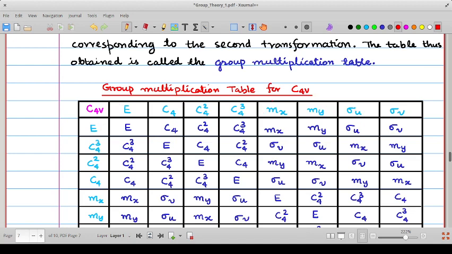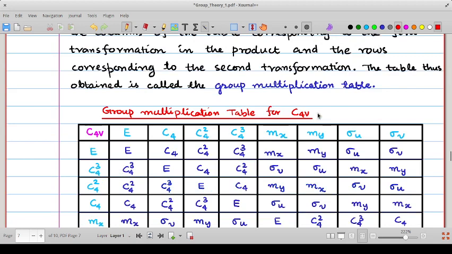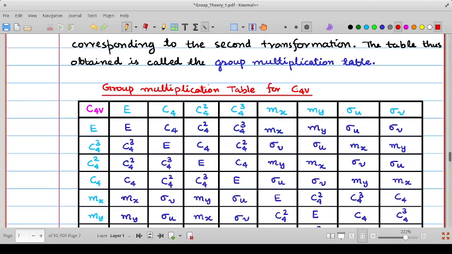So in this particular case, the symmetry transformations of the square form a group called C4v, and that is the label for this group. So that is put here, and the column headers correspond to the elements of this set.